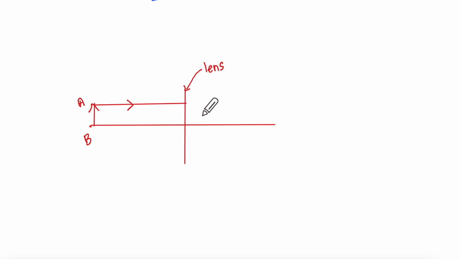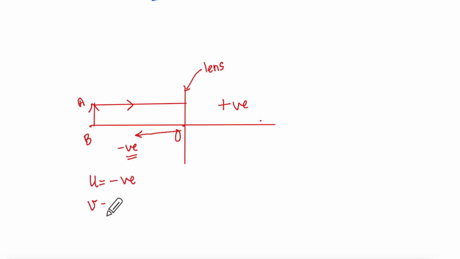In that case, because this is our O, on the right hand side we will measure the distances from here. And if it is on the left hand side, then for the object distance, we will look this side and start measuring from O. So this is going to be negative. So your object distance here is going to be negative.